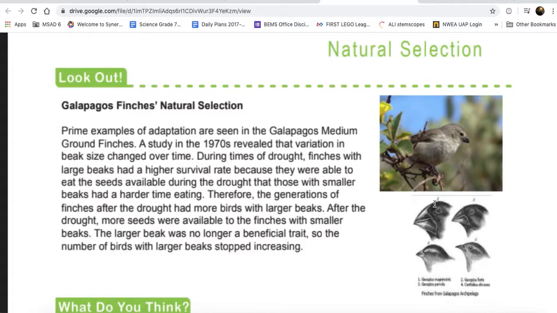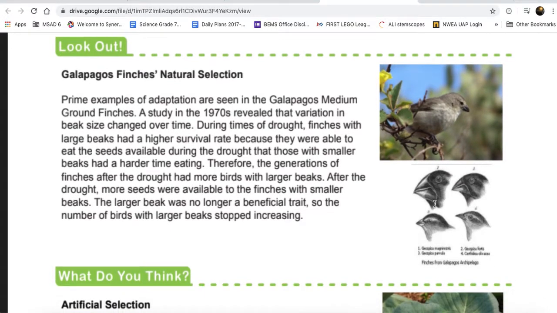Galapagos finches and natural selection. A prime example of adaptations is seen in the Galapagos medium ground finches. A study in the 1970s revealed that variation in beak size changed over time. During times of drought, finches with large beaks had a higher survival rate because they were able to eat the seeds available during the drought that those with smaller beaks had a hard time eating.